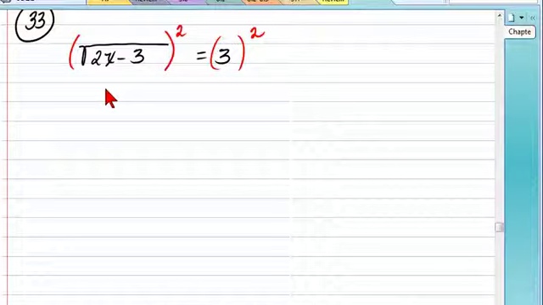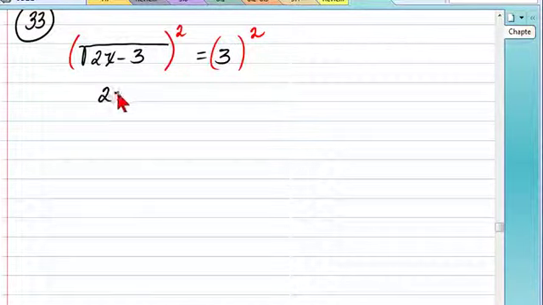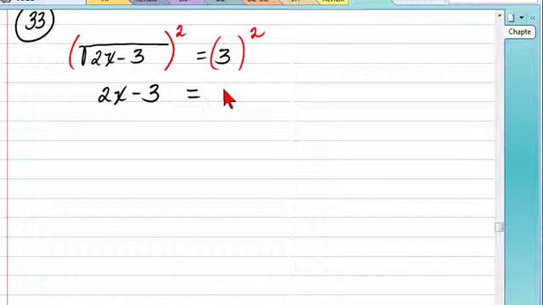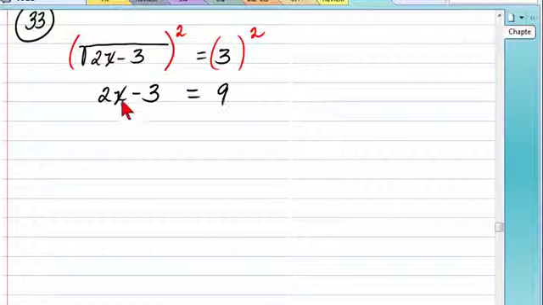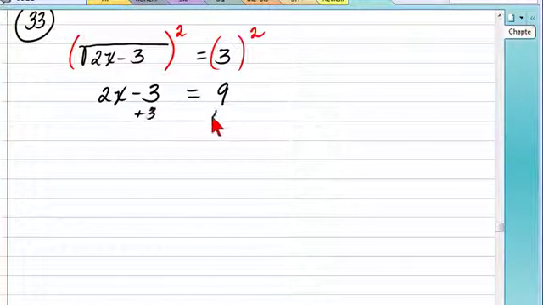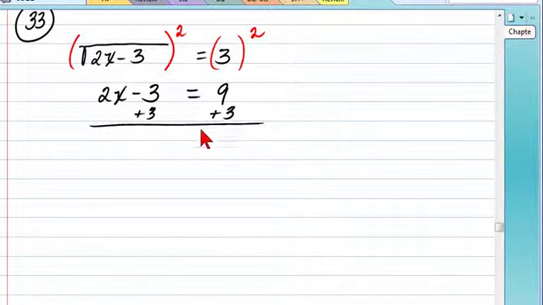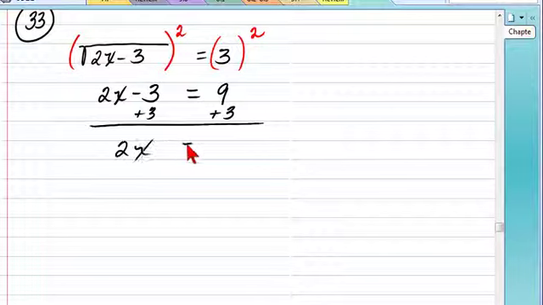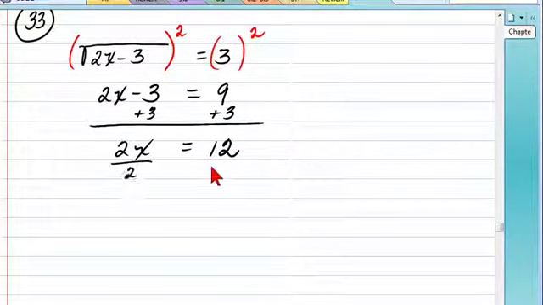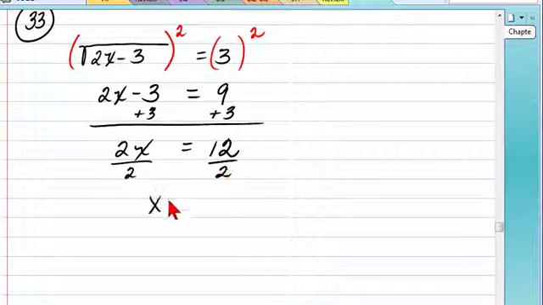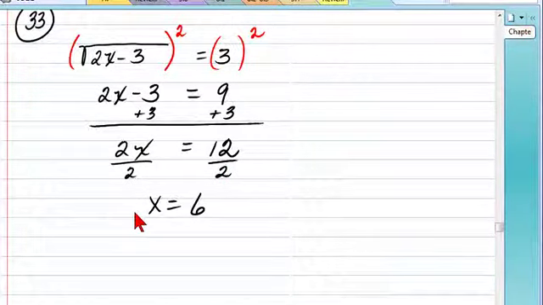On the left side, the square of a square root, the radicand pops out, equals the square of the right side, 9. This is not quadratic. This is linear. So I will add 3 to both sides, and I have 2x is equal to 12. Divide by 2, and x is equal to 6.